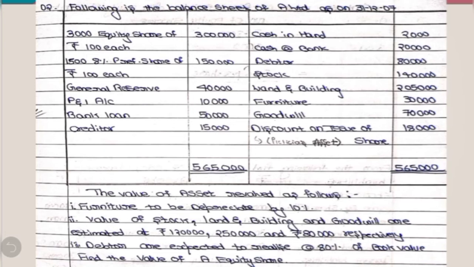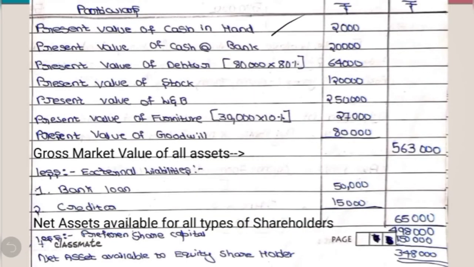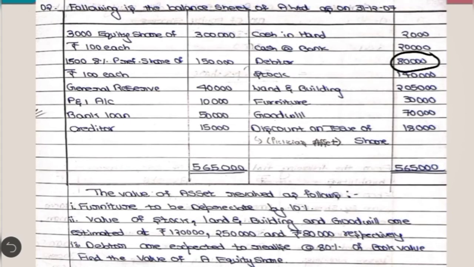Then coming to debtors, they have given that debtors are expected to realize 80% of the book value. So the total book value is 80,000, but only 80% will be realized, the remaining 20% is bad debt. So you have to calculate 80% of 80,000. So cash in hand here 2,000, cash at bank 20,000, present value of debtors 80,000 into 80%, 64,000.